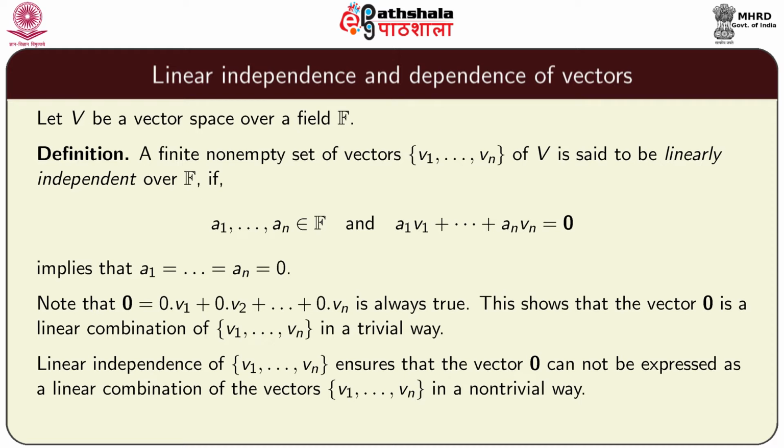This is always true in a vector space V. Linear independence of this set of vectors ensures that the trivial linear combination which you see above is the only way you can express 0 in terms of V1, V2, ..., Vn. This is precisely what we mean by linear independence of finitely many vectors in a vector space V.